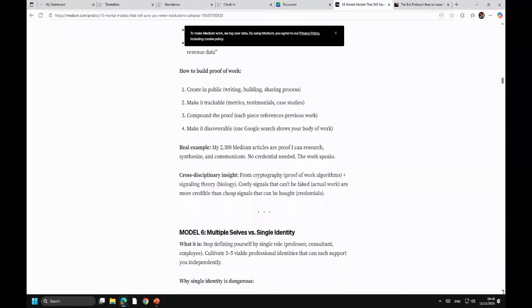So create in public, make it trackable, compound the proof, make it discoverable, so that when they Google you, they can find all these assets, your work, your portfolio. For example, I get lots of collaboration opportunities. Why? Because they have read my work. I've written more than 2,300 Medium articles.